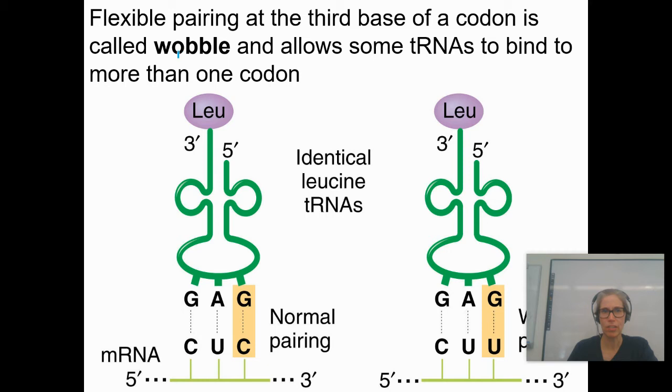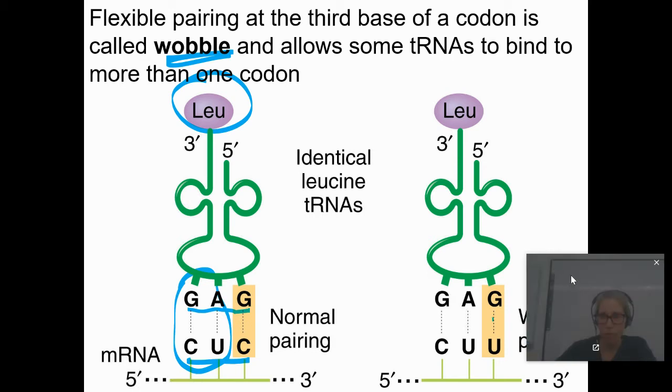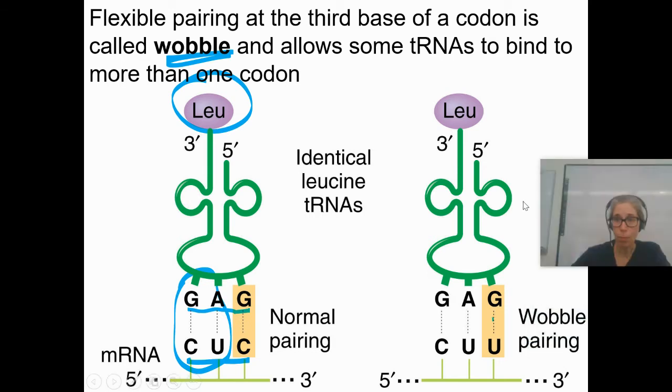Interesting thing here, this thing called wobble means that the first 2 letters always have to match, but the final one doesn't always match. So if you have CUC in your codon, the anticodon should read GAG, and leucine will be the right amino acid brought in. If you have wobble allowed, which happens for certain tRNAs, with CUU, it's only these 2 that actually need to match.